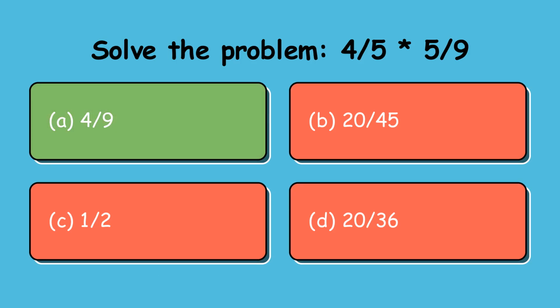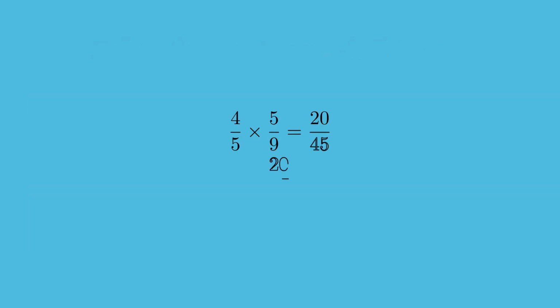Correct answer is A. Let's solve the multiplication of fractions problem. 4 fifths multiplied by 5 ninths. In multiplication of fractions, you simply multiply the numerators together to get a new numerator and the denominators together to get a new denominator. First, let's multiply the numerators, which are 4 and 5.